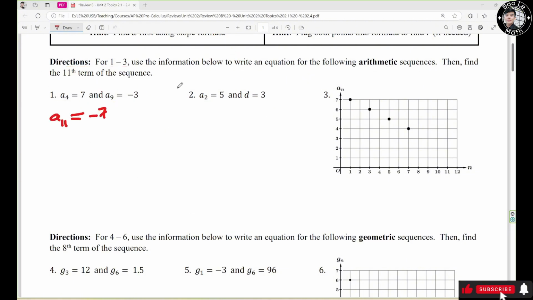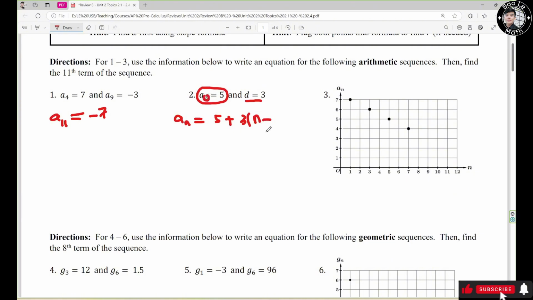Now let's move on to question number 2. Alright, so the common difference is given. So we have a sub n equals a sub k, which means a sub 2 right here, it's going to be 5, plus the common difference, which is 3, times n minus k. k in this situation is going to be 2.